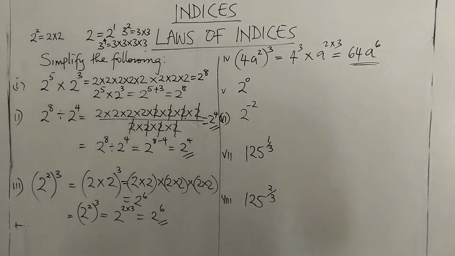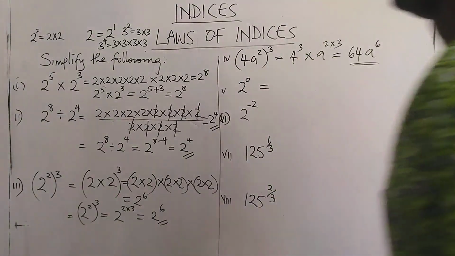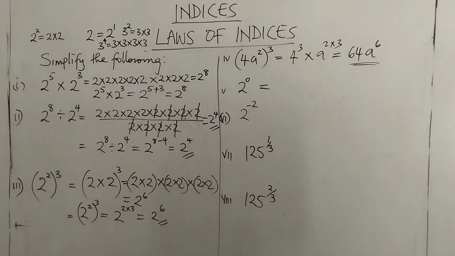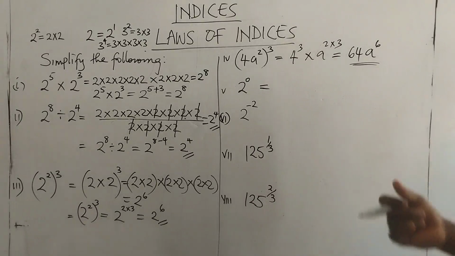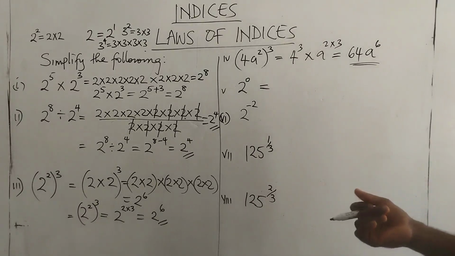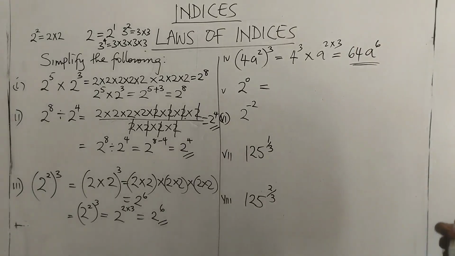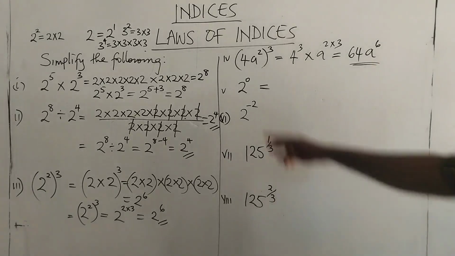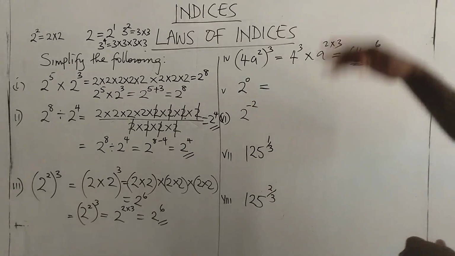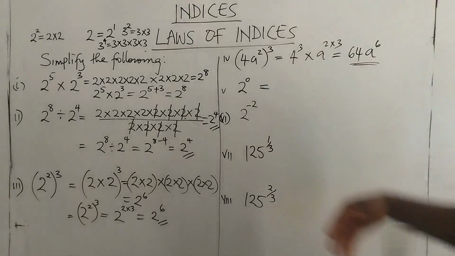Now, the next one, 2 raised to power 0. In indices, any number that is raised to the power 0 is equal to 1. We call it the zero index law. As long as the power is 0, don't worry yourself, just write 1.